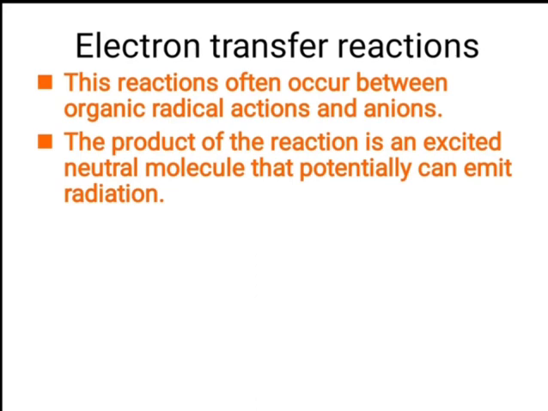These reactions often occur between organic radical cations and anions. The product of the reaction is an excited neutral molecule that potentially can emit radiation. Initially, the molecule is at ground state, which is a neutral molecule, goes to the excited state. Suppose A star is the intermediate, then A star comes to the ground state. There is a formation of a product and some amount of energy is released in the form of a photon. This is an electron transfer reaction.